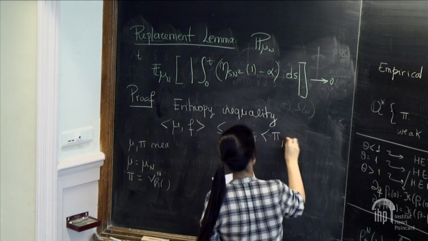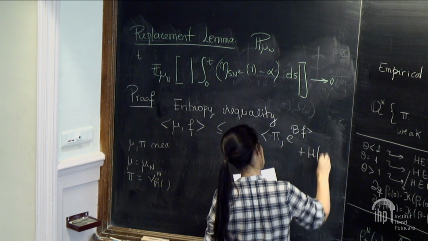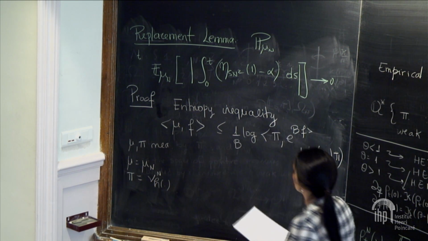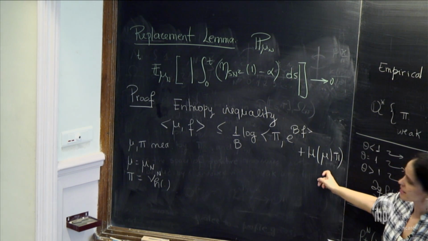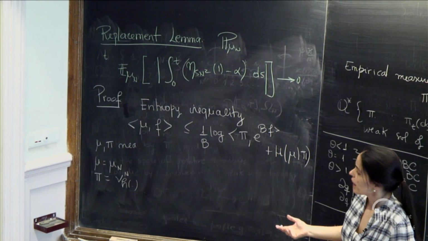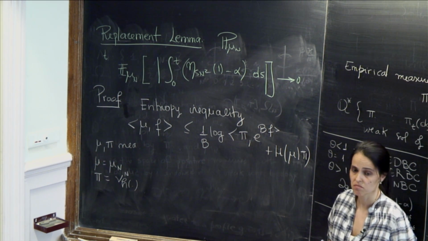So this is the exponential of bf plus the entropy. So I want to apply the entropy inequality between the measure mu n and the reference measure that in principle I don't know what it is.